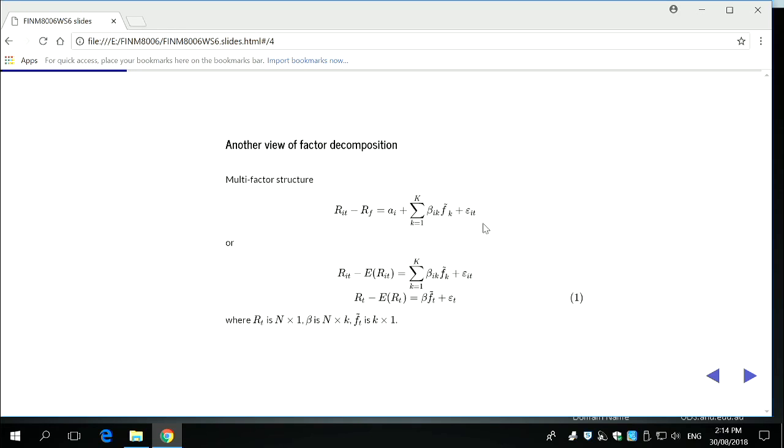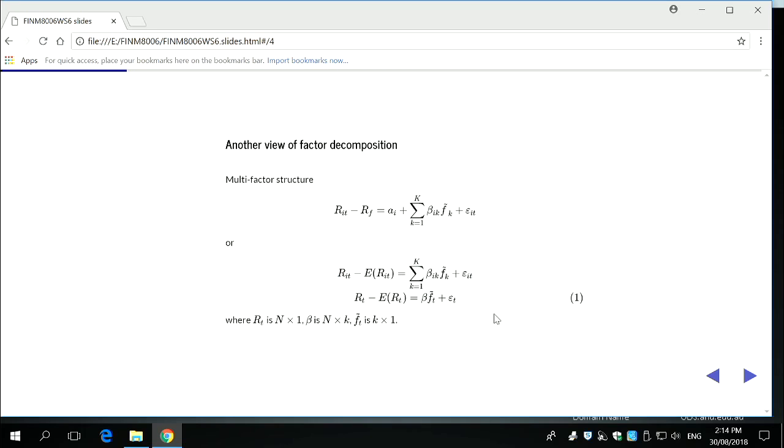So we can write this in terms of the return in excess of expectations. Remember, this a_i is just the expected return. If I move a_i to the left, RF cancels out, so what I get is R_it minus expected R_it, and the right-hand side is still there.